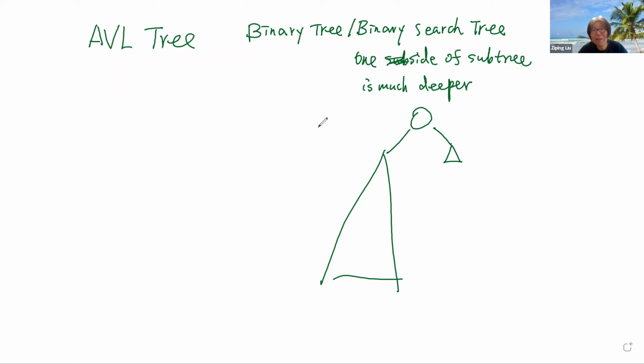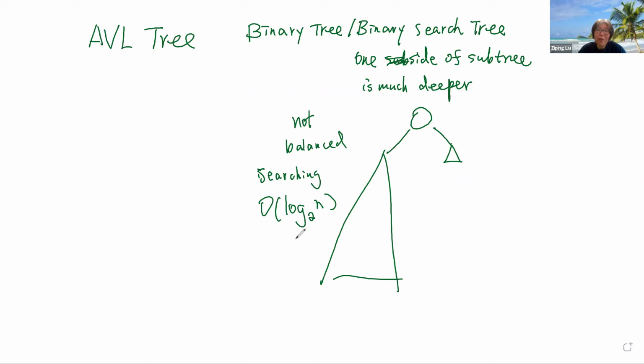Then if you have a tree constructed like this, we call it not balanced. And regarding searching, the time complexity is not strictly close to log 2n. So it kind of loses the advantage of binary search tree.